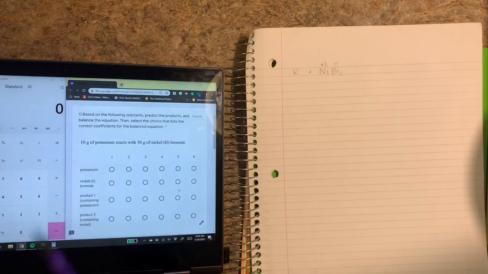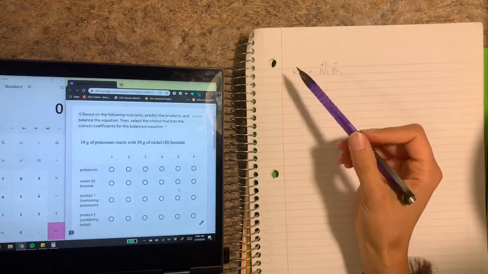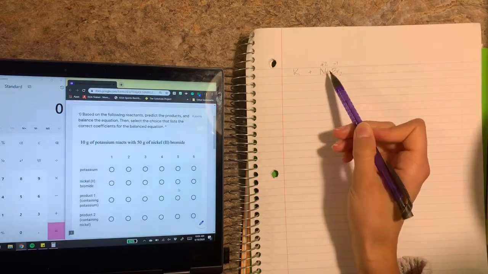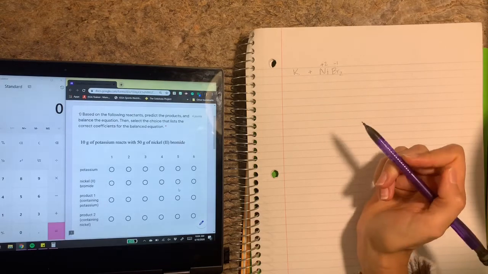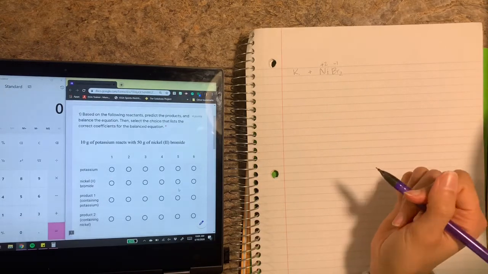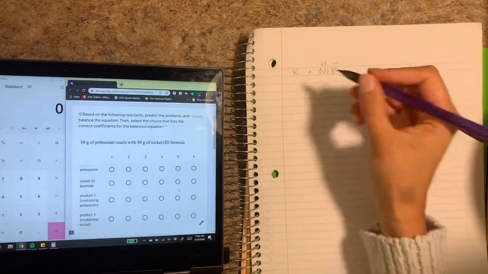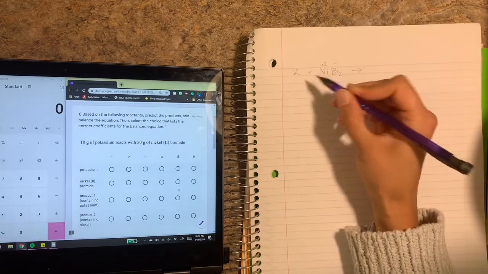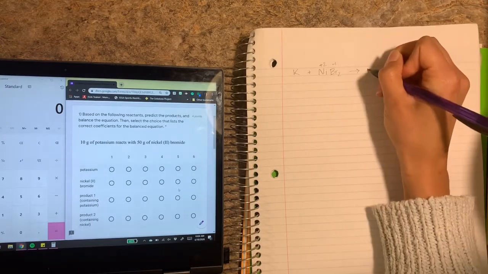The next step is to predict the products. Now I see that this is a single replacement reaction. If you were to look on your activity series, we know that potassium has to be higher up on the activity series than nickel in order to replace it. And if you look at your activity series, you would find that it is. So the potassium is going to kick out the nickel and it's going to bond with bromine.